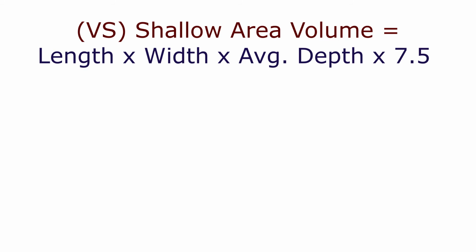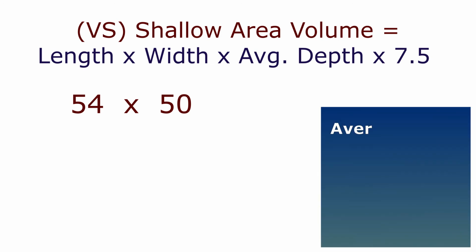The shallow end length was 54 feet that we converted, times our width, which is 50 feet, times our average depth.